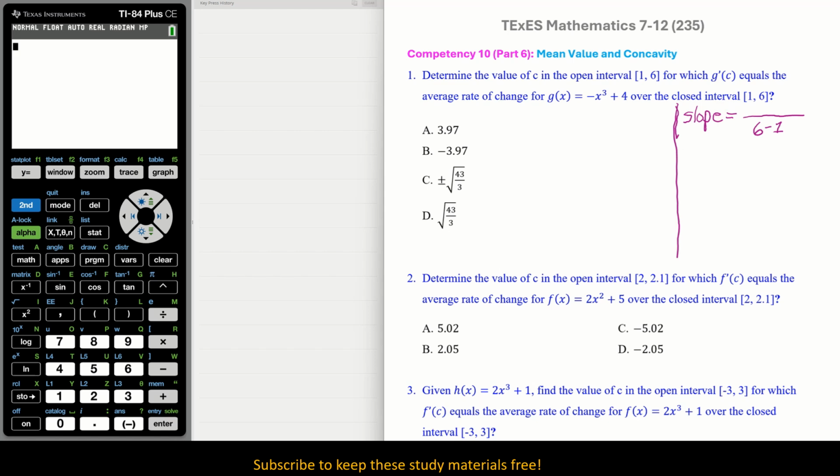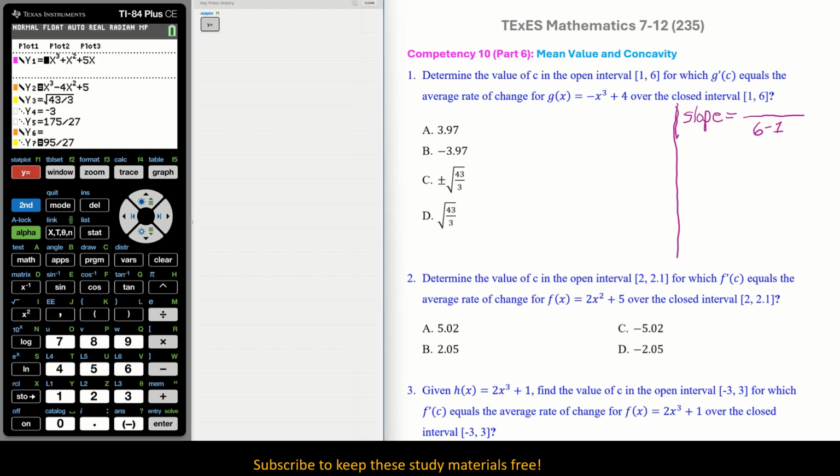Let's go to my y equals. Go to your y equals. Now I've got all kinds of junk in here. I'm not going to clear out all my stuff, because we will use it later. But for right now, it doesn't hurt me to type some things in, but I'm going to recycle my first one here.